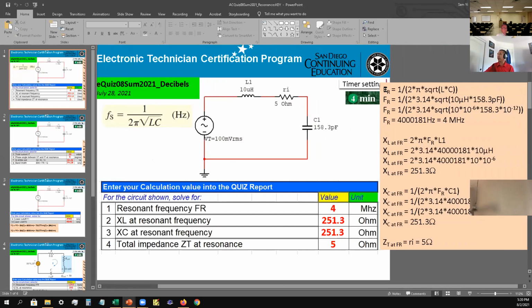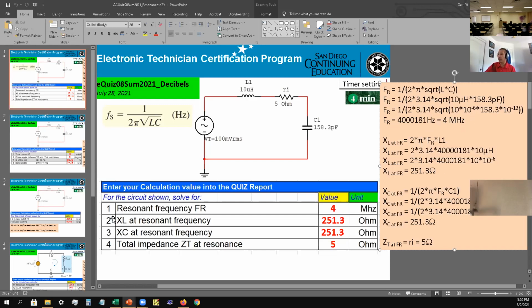That's what I show here. We put that into the equation and do the calculation. That gives us over 4 million hertz, or 4 megahertz. So FR is 4 megahertz.